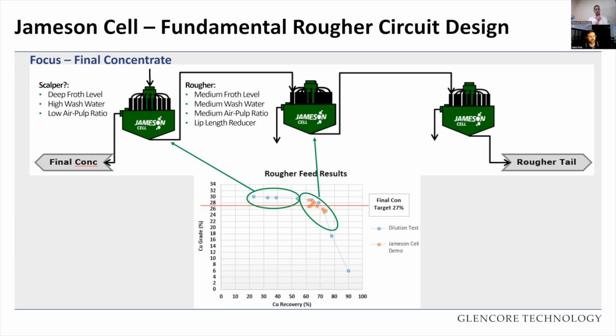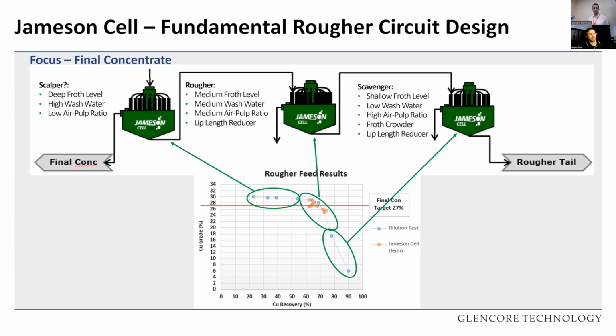This would maybe target that middlings section, and we would alter the operating variables here to start to become more recovery focused. So it might run with medium froth depths and maybe some mild wash water and medium airs.